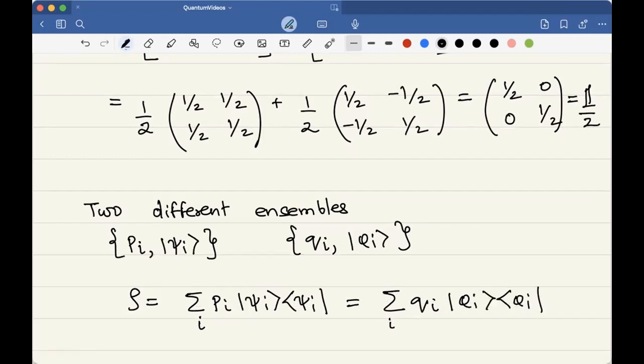So this is a possibility, and later we'll come to when these two ensembles lead to the same density matrix.